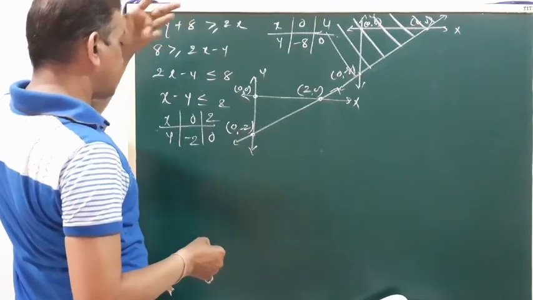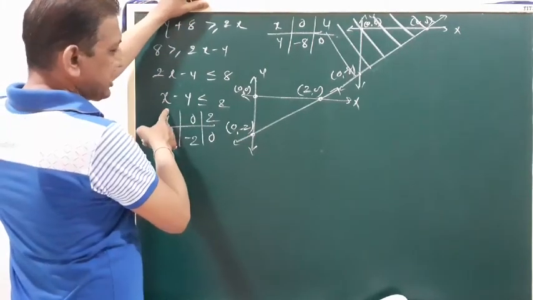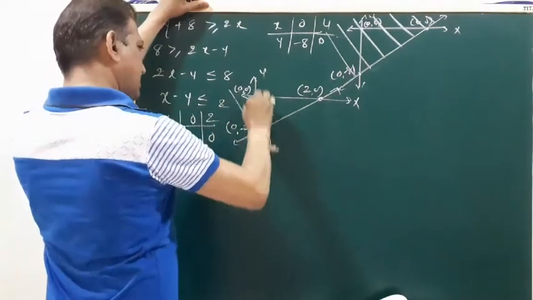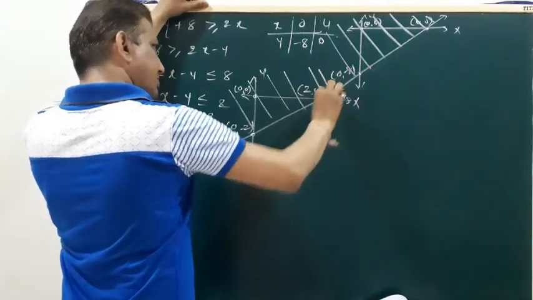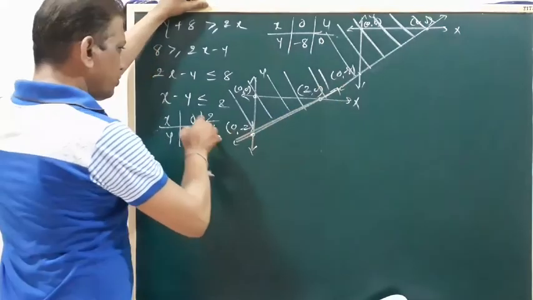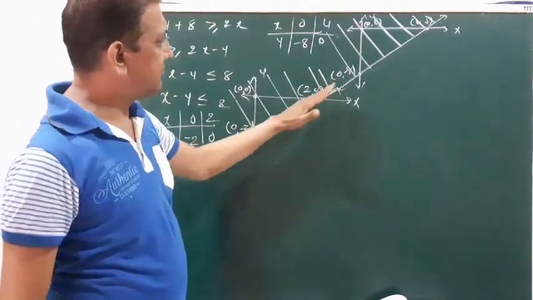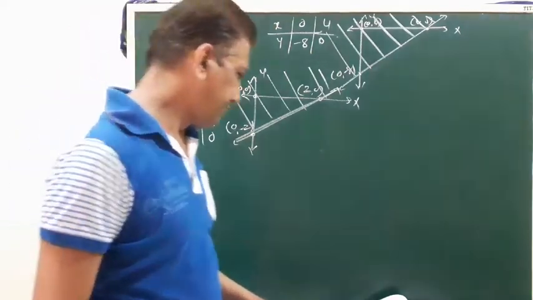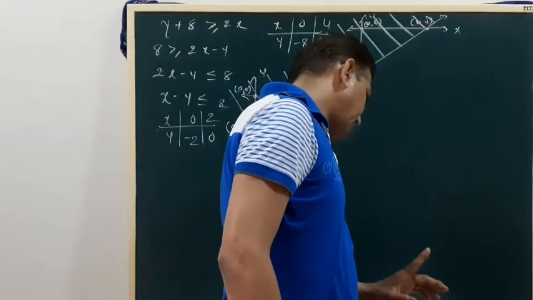Check the portion: 0, 0. 0 is smaller than 2. And the equal to sign is given, so we draw the dark line. Same question.